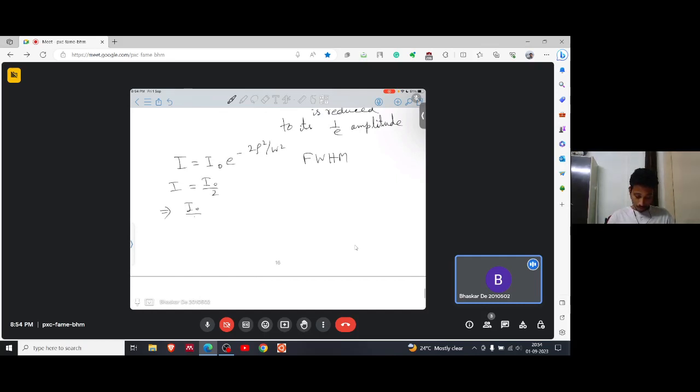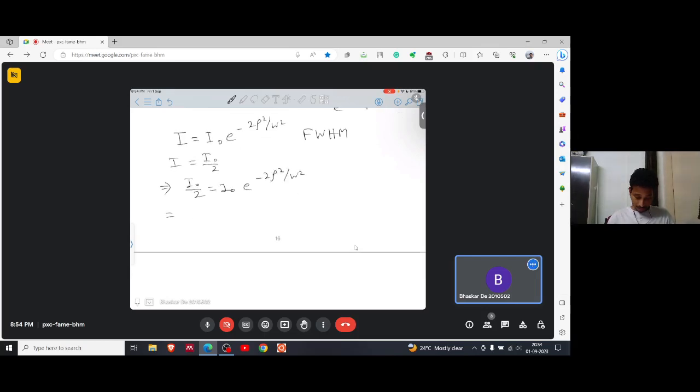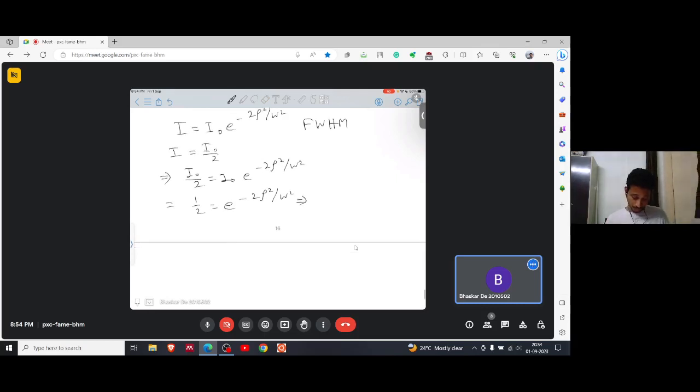So I naught by 2 equal to I naught e to the power minus 2 rho square/w square. So it will be 2 rho square/w square equal to ln 2. That will be rho.